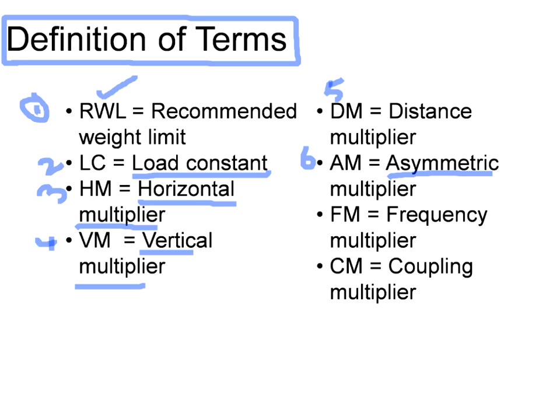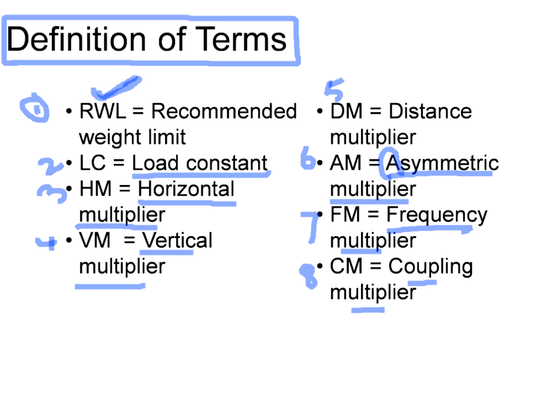Number one, RWL is called recommended weight limit. This limit is good to work. Number two is called LC, load constant. It is one variable. Number three is horizontal multiplier, another factor. Number four is vertical multiplier, VM.